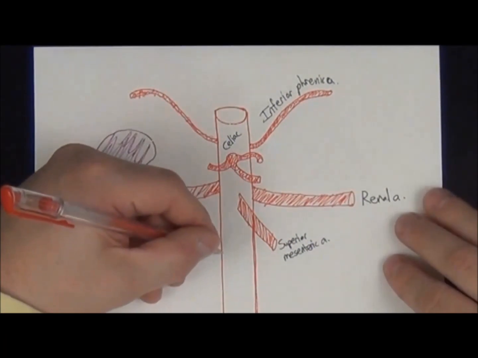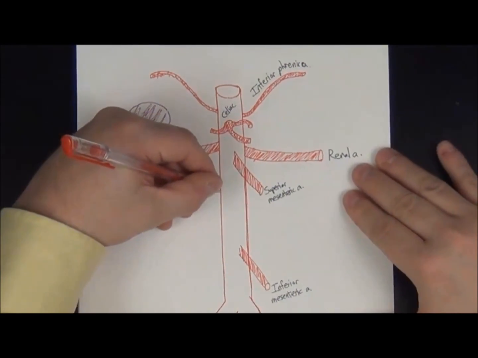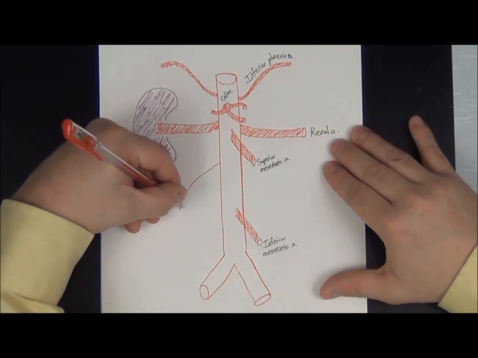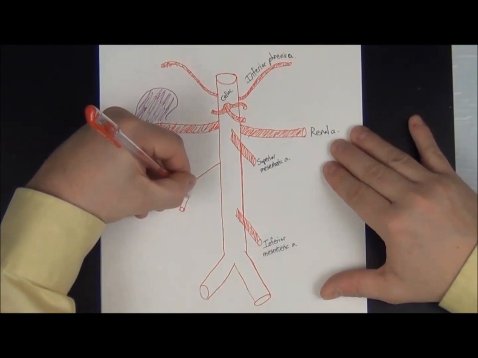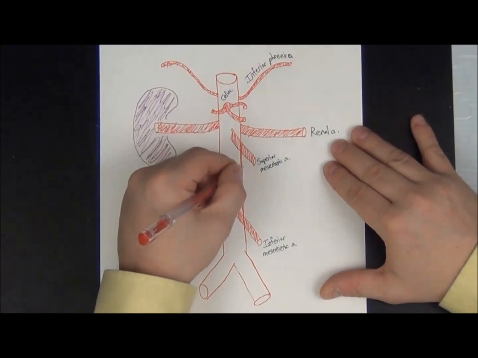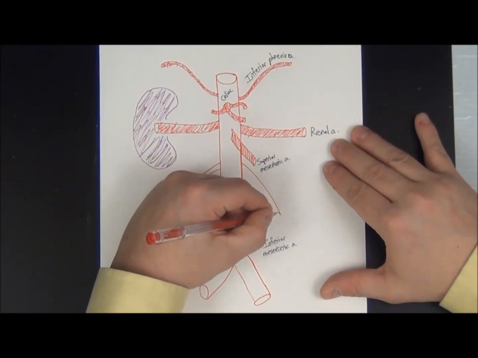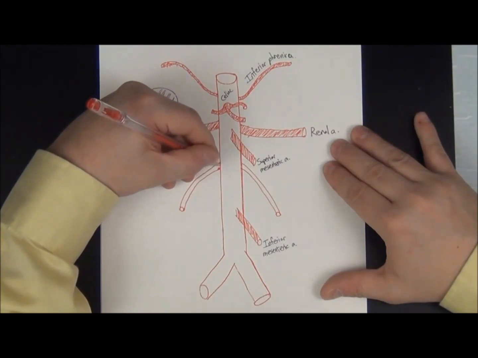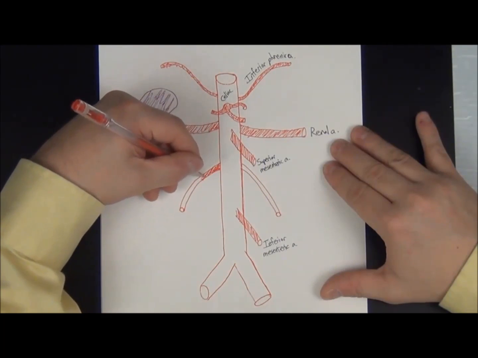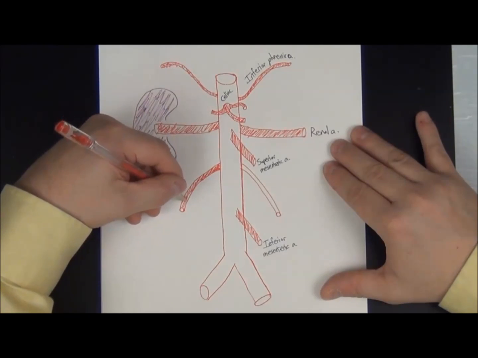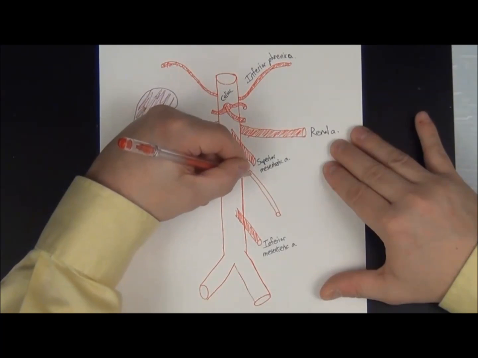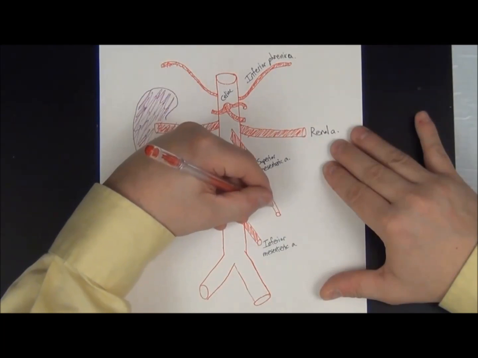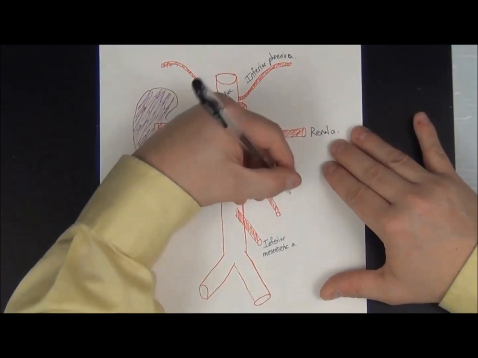And then, branching between the superior and inferior mesenteric arteries, we've got two small but incredibly long arteries. And they're going to structures that originated up in the kind of mid-abdominal, upper lumbar region, and then descended to a variable degree. These are the two gonadal arteries.